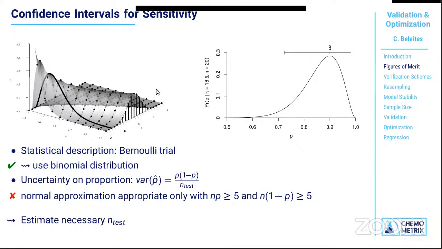Now, there's one more characteristic of these proportions I want to make you aware of. From a statistical point of view, we can describe our testing procedure as a Bernoulli trial.